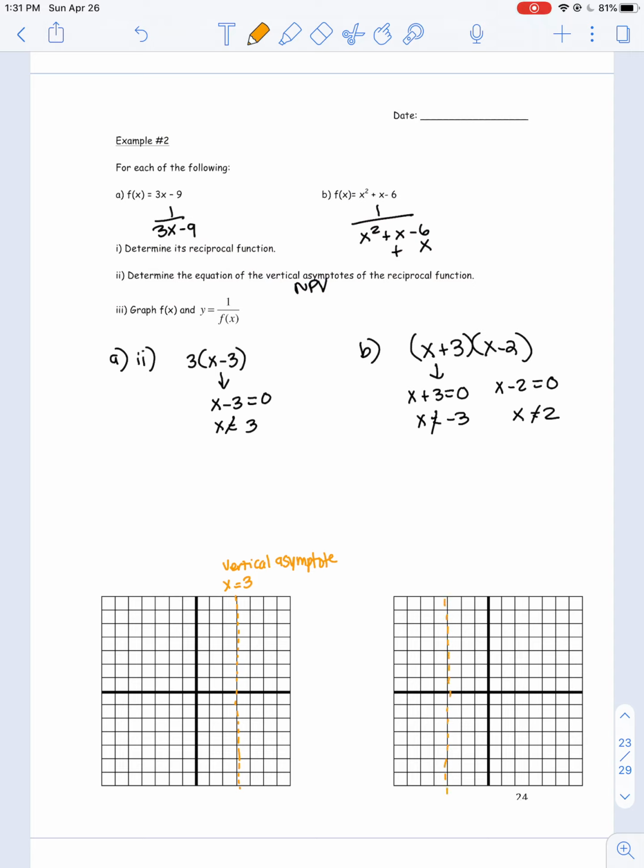So at -3, we're going to draw this dotted line that the graph's going to approach but not touch. And then at +2, we have a dotted line as well. And for all these cases so far, we're going to have a horizontal asymptote at y equals 0.